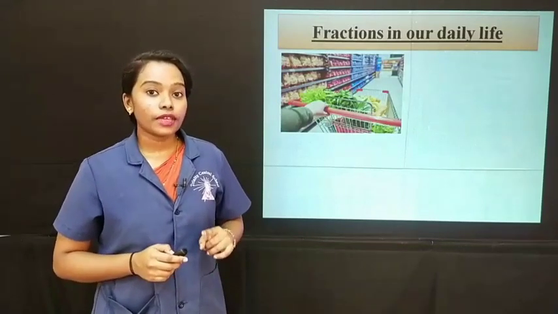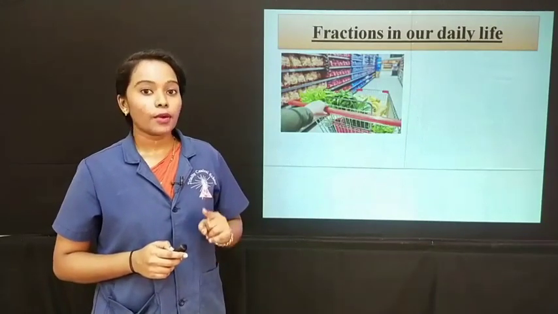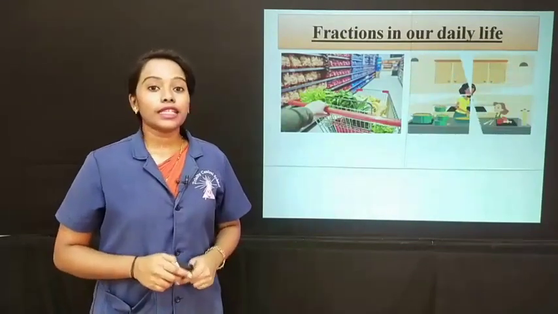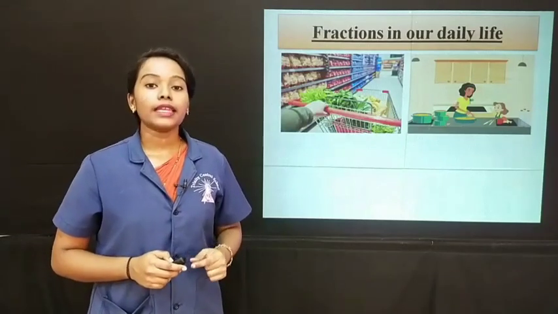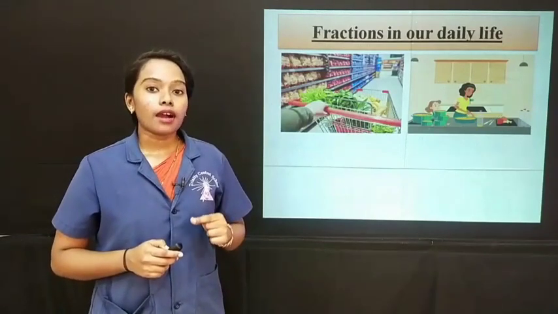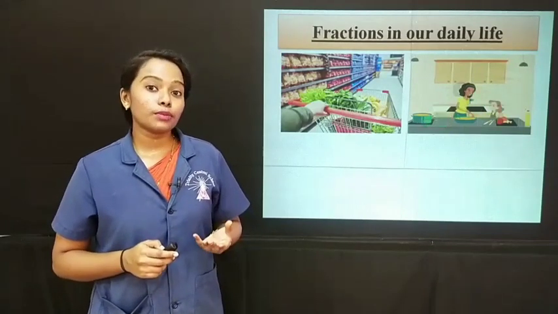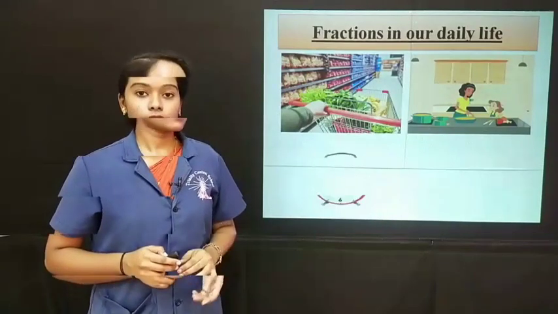And 1.5 kg of sugar. In the kitchen, if I want to prepare a cup of coffee, then I will use 1.5 teaspoon of sugar and 2 spoons of coffee. They are nothing but fractions.